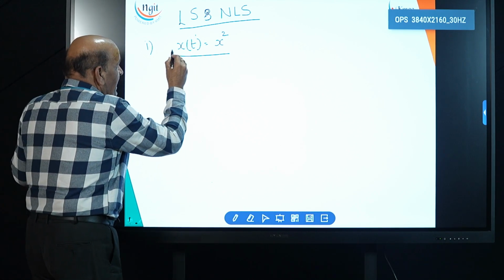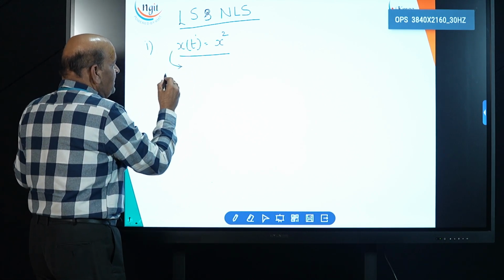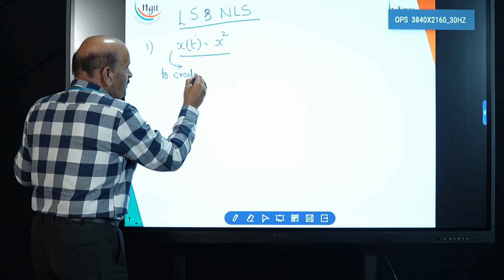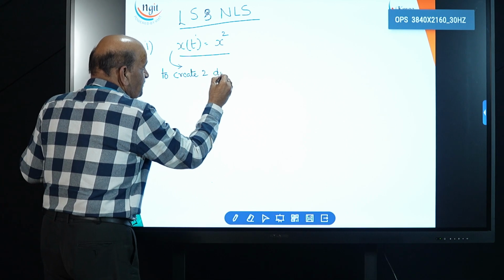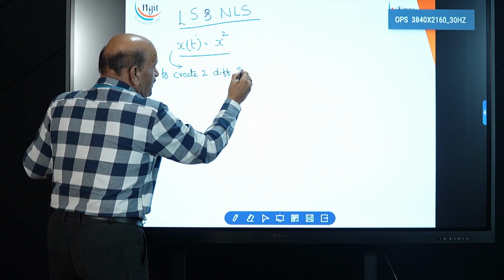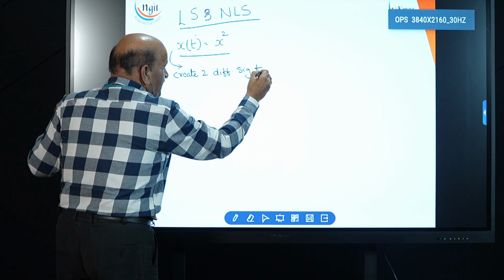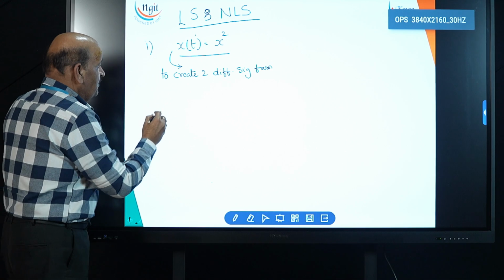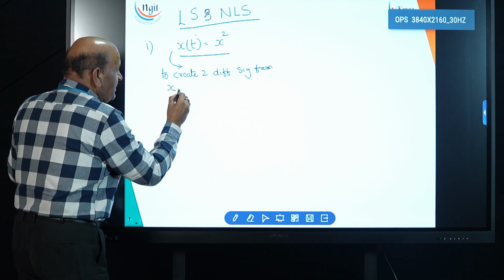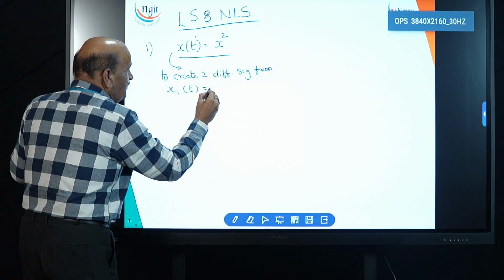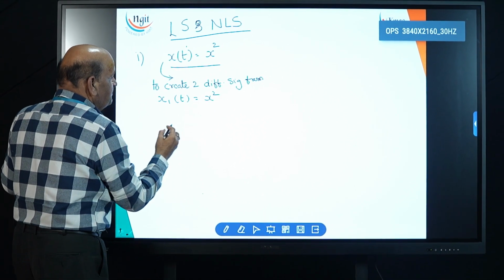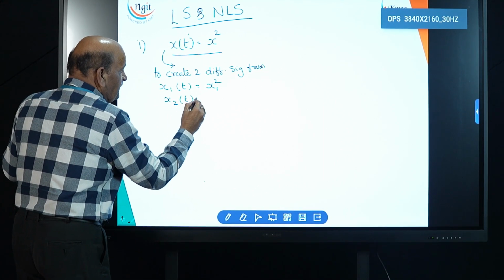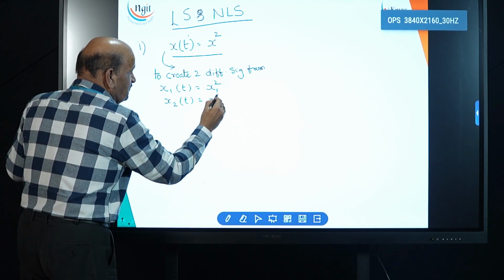Now as for this one, the first step is to create two different signals from the given signal. These two signals will be x1 of t equal to x1 square, and x2 of t equal to x2 square.